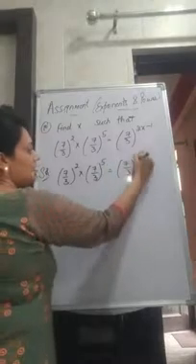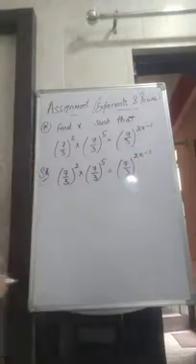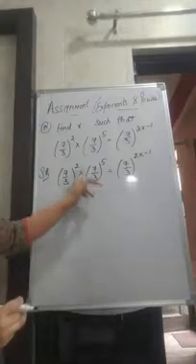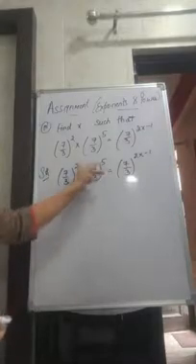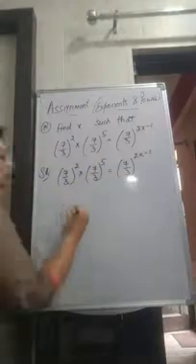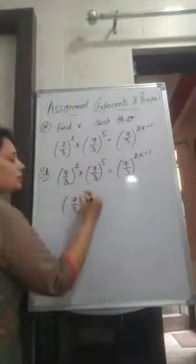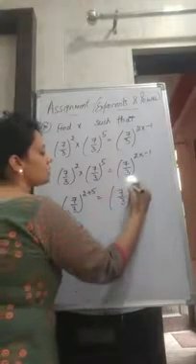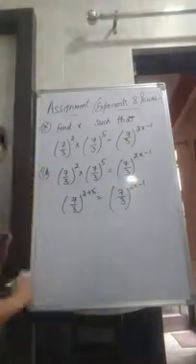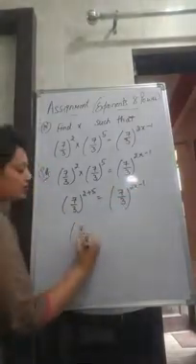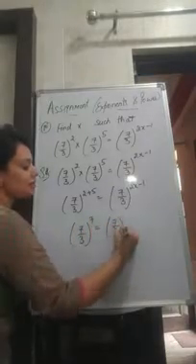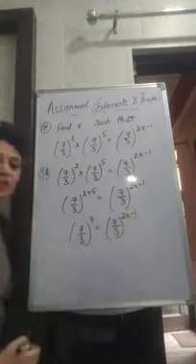In the left hand side we can see that we have the same base, multiply sign, so the powers will be added up. It will be 7/3 raised to power 2 plus 5, which is 7/3 raised to power 7, equal to 7/3 raised to power 2x minus 1.